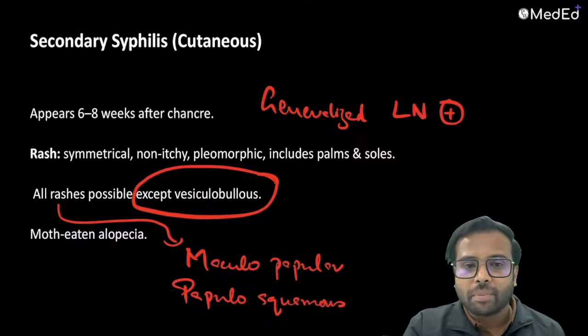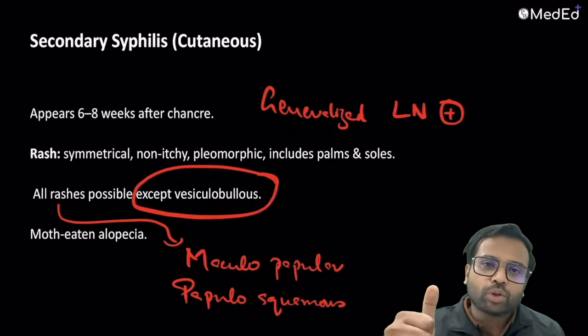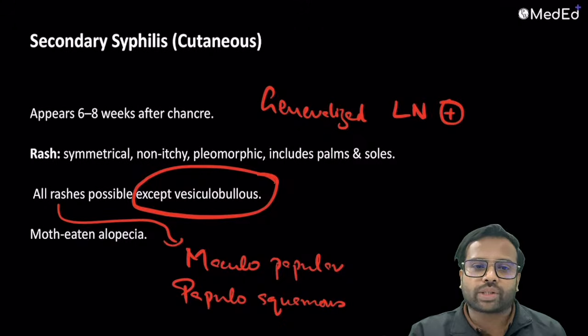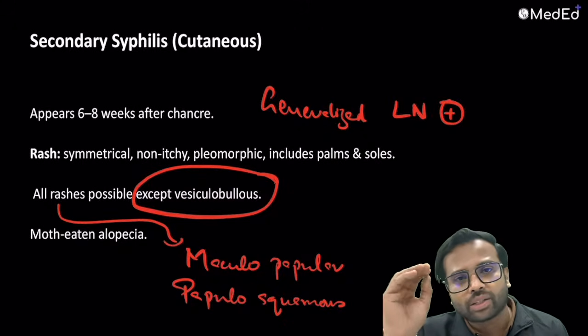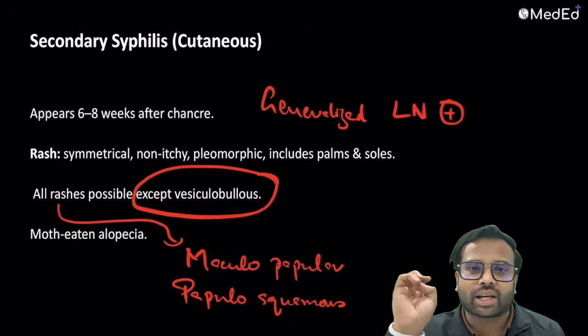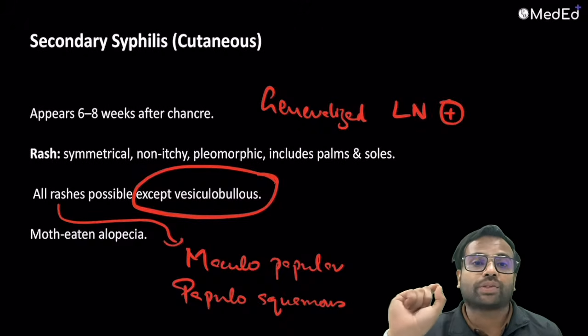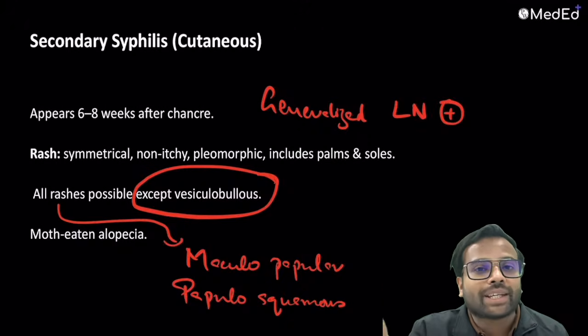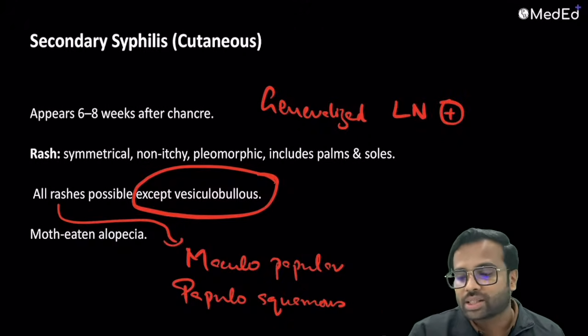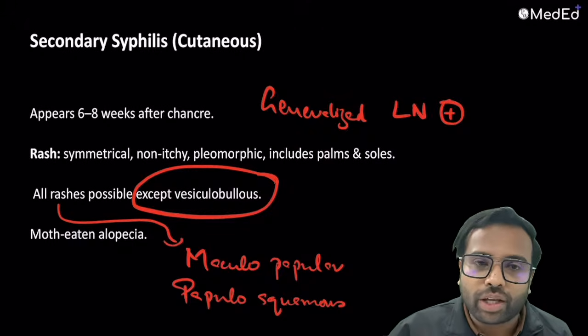Papulosquamous rash means it can be papules or plaque lesions. Maculopapular is again like an exanthematous rash. But in all these cases of syphilis, you cannot expect to see a vesiculobullous lesion. So that is what you have to keep in your mind.